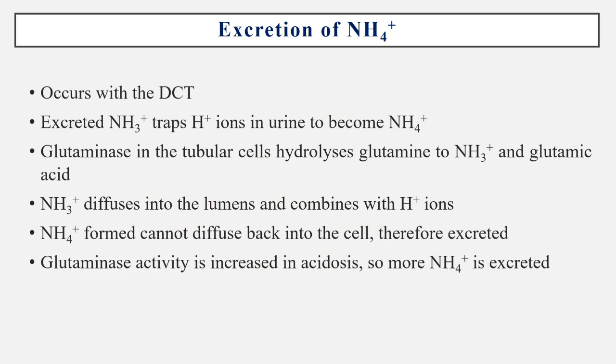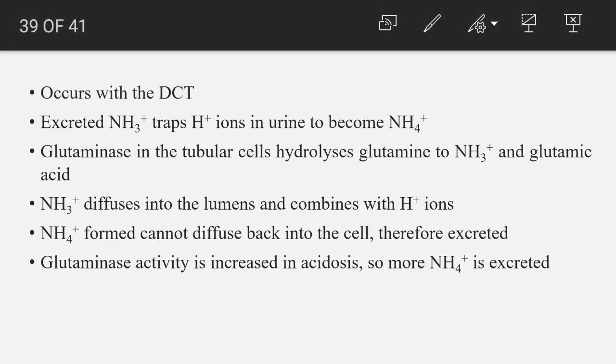Glutaminase in the tubular cells hydrolyzes glutamine to ammonia and glutamic acid. This ammonia diffuses into the lumen and combines with hydrogen ions to form ammonium. This ammonium can't diffuse back into the cells, therefore it is excreted in urine.